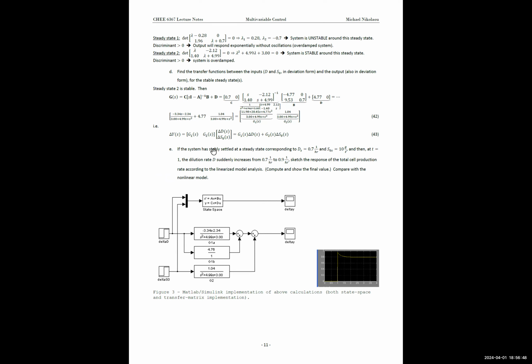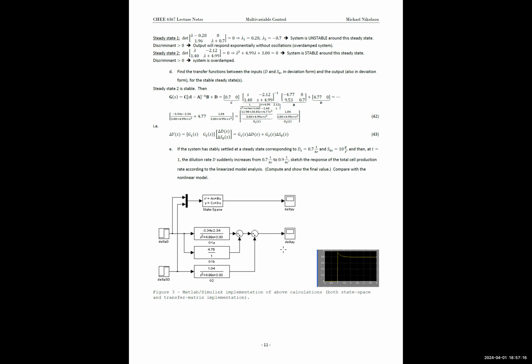It has two transfer functions which capture the effect of the dilution rate and the feed substrate. Substrate is food, essentially, for the cells. And you can do this exercise again for the other steady state. Remember, we have two steady states. There is another one which is stable.